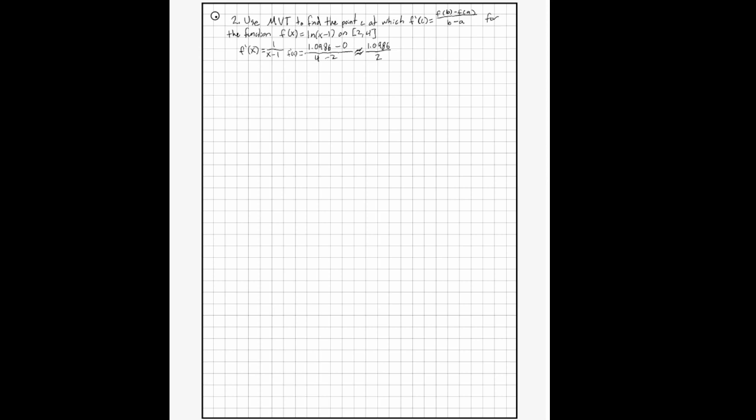So then what I do is I divide this, and it should get me down to about 0.5493 and 1. So now what I do is I set this right here equal to this equation right here.